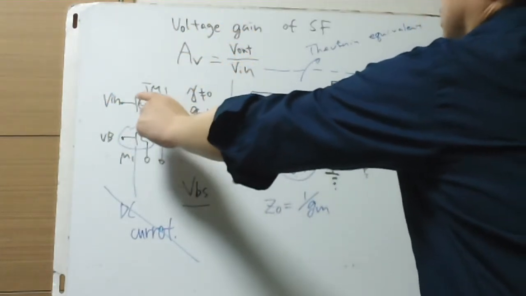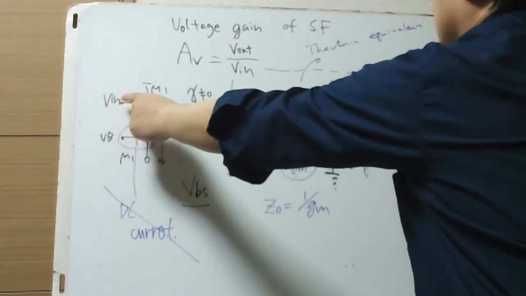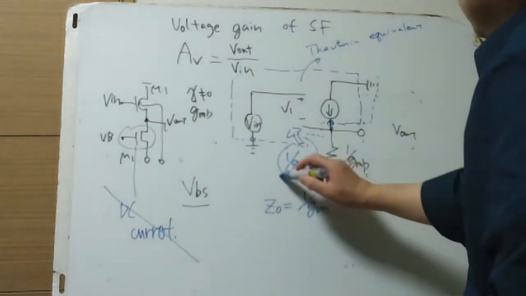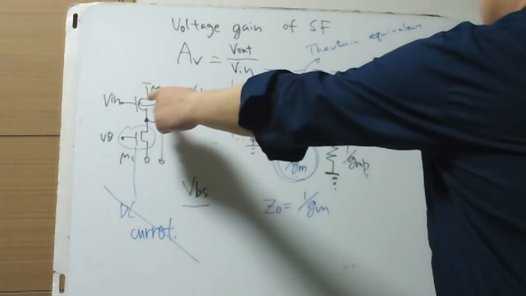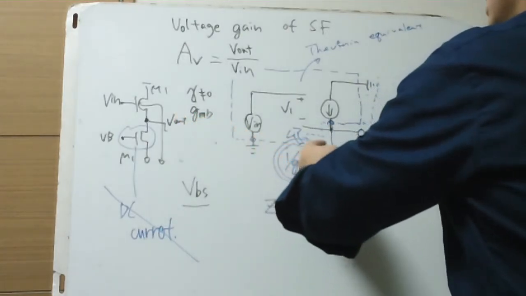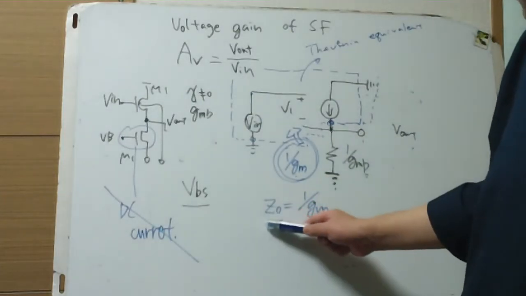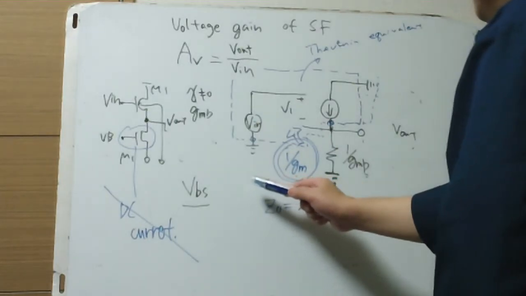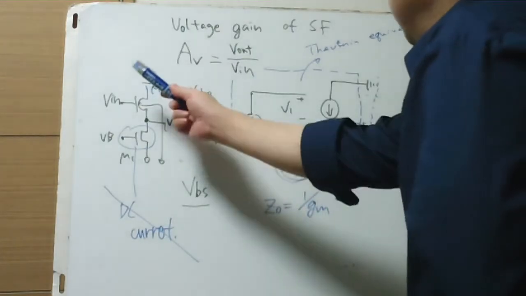But the DC ground, or AC ground, is on some constant bias, and an appropriately biased N-channel M1 has 1/gm resistance looking into the source.